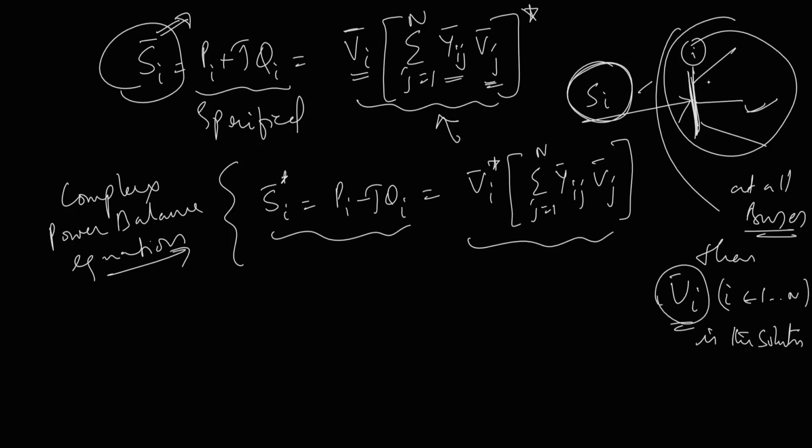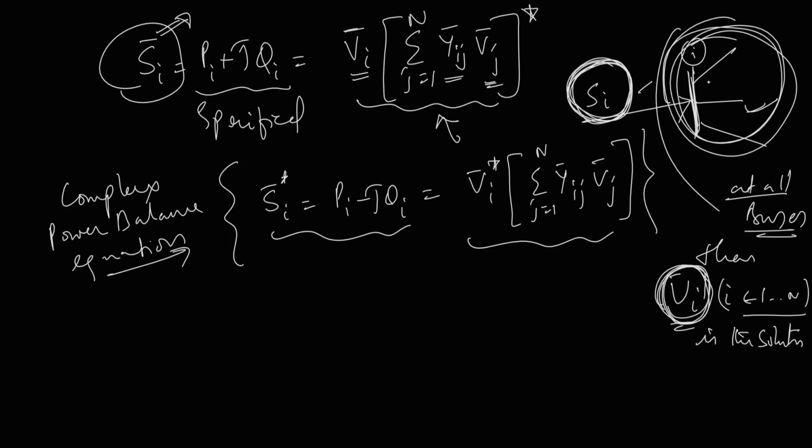I am searching for this solution, the voltages which give me the complex power balance, where the specified quantity equals the calculated quantity at each bus from 1 to n. Now how do I do it?